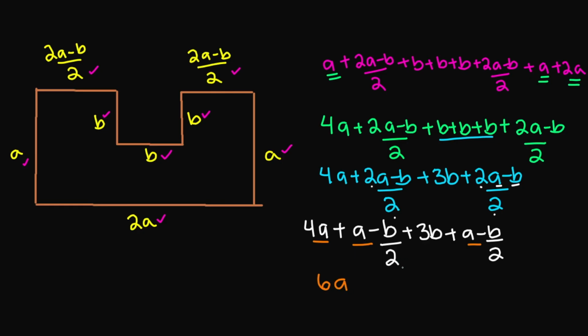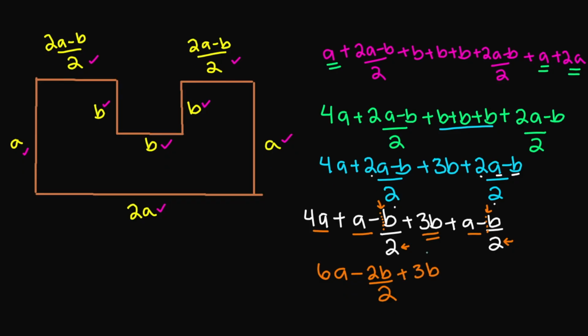And then notice here that your denominators are the same. So if your denominators are the same, which is 2, that means that I can combine my numerator. So negative B minus B, this is going to turn into negative 2B over 2. And then we're going to go ahead and add the last 3B here. Now, in this step here, notice your 2's are going to cancel out.